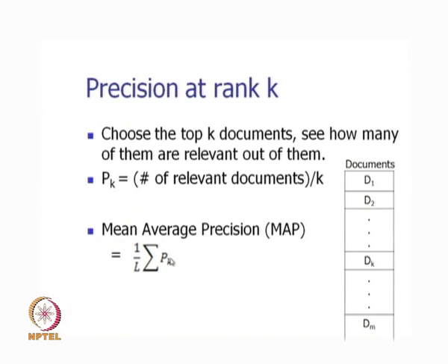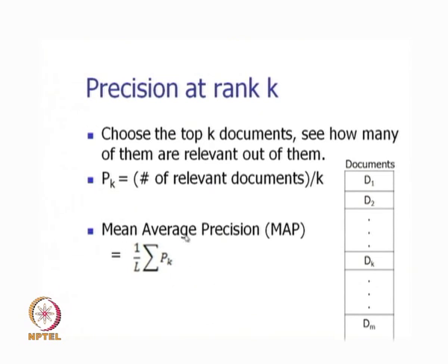So, what happens is that for a particular retrieval, we can vary k. We can keep on calculating different precisions at 1, at 2, at 3, at 4 and so on up to let us say about 100. So, we collect all these precision values, take the sum of precisions and divide it by the number of times this has been done.